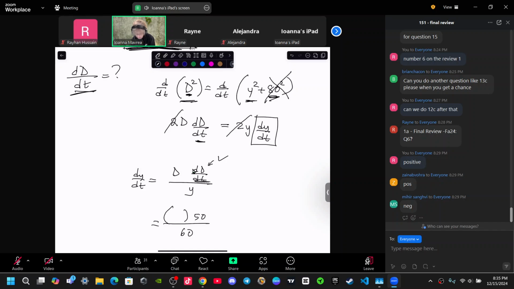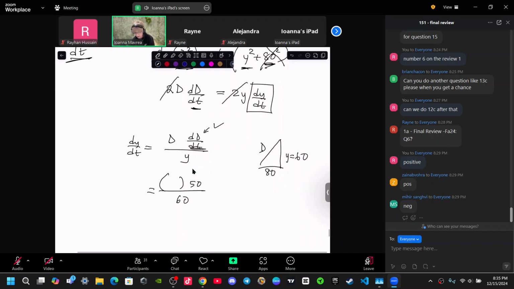I still want to find D at that moment in time when y is equal to 60. I want to find what D is. And I already know this is 80. So again, I'm going to use the same equation to find D and plug it in here, right? Because I need to figure out what this is. And that will give me the derivative.